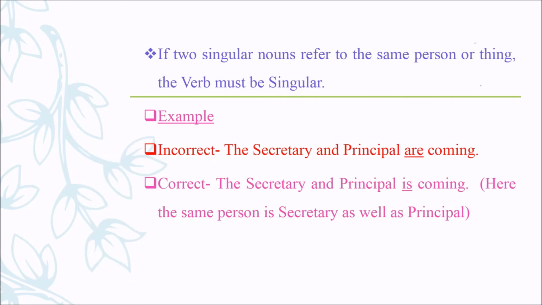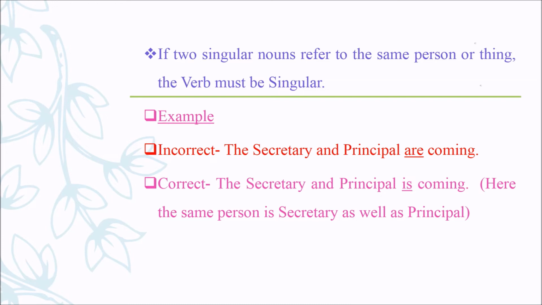Let's see the next rule. If two singular nouns refer to the same person or thing, the verb must be singular. Let me read it again. If two singular nouns refer to the same person or thing, the verb must be singular. First, look at the sentence. The secretary and principal are coming. Is that correct sentence?